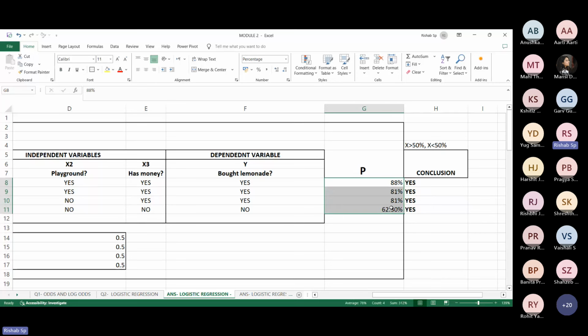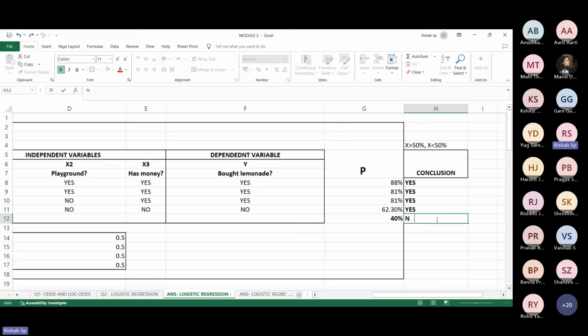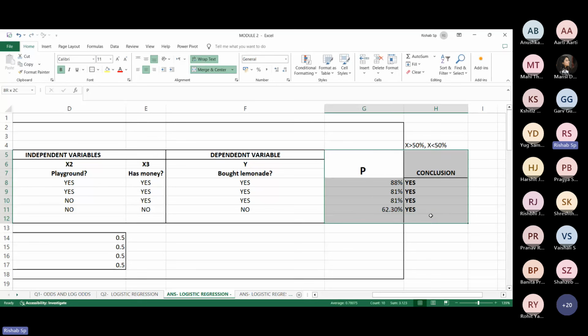Based on the probability, 88% is above 50%, so we say yes, this might happen. 81%, this might happen. 62, this might happen. All are above 50%. If there's a value like 40%, we'll say no, this might not happen because the chances are very low. It's more of a conclusion based on this probability. It's not necessary, but just to interpret the data, it will be helpful, right? Yeah, got it.